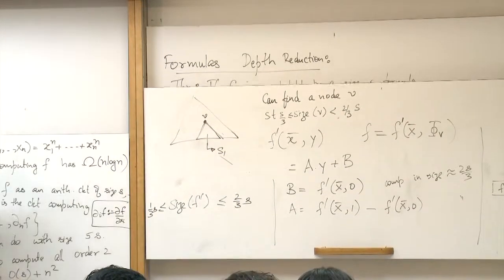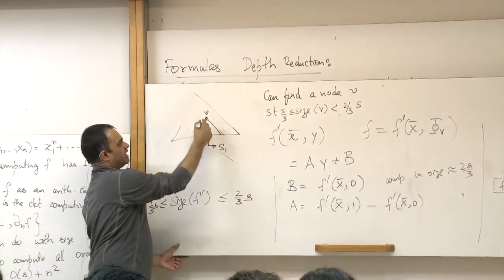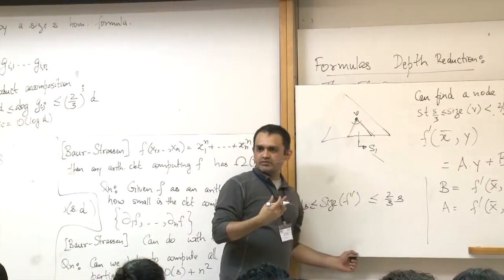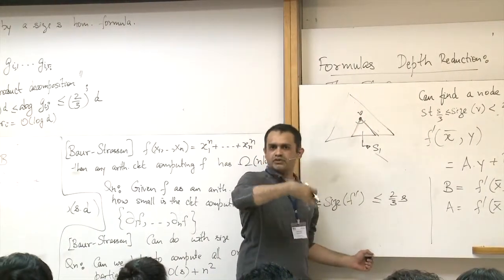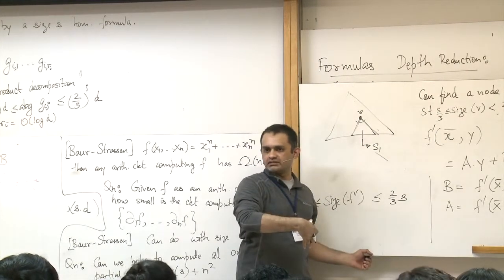What do I know about B? Now B was nothing but I took this formula, I just cut this off and set this to 0. So all that B is, you're just taking the formula for f and removing the subtree under v.